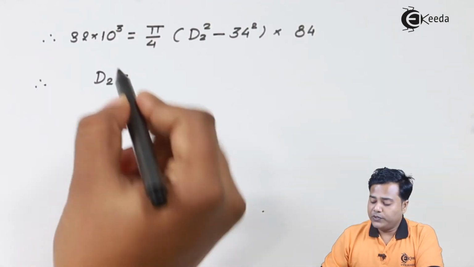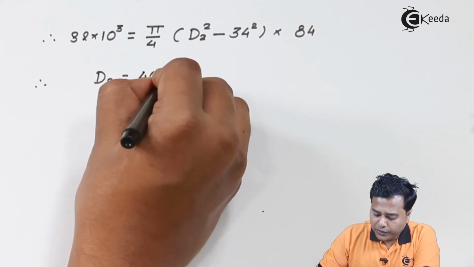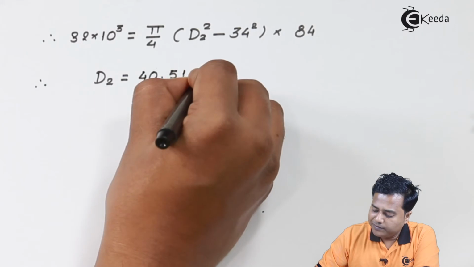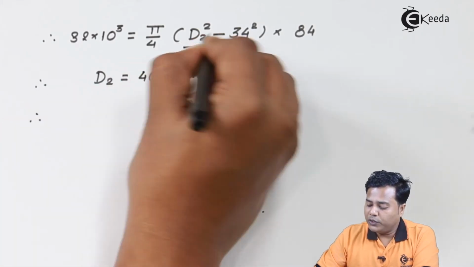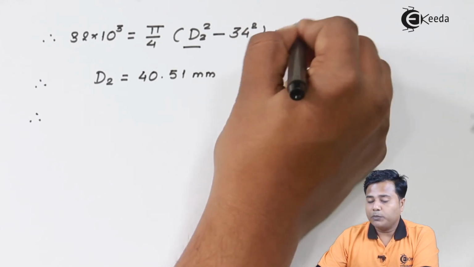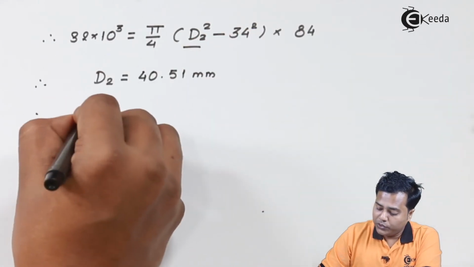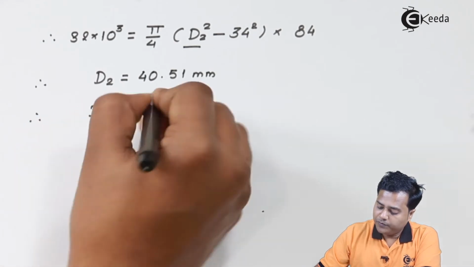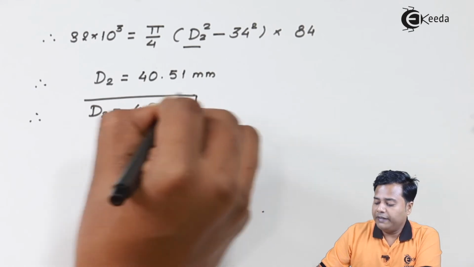As we solve this relation, we get the value of d2 somewhere equal to 40.51 millimeter. Let's round it up to the next value, because the value of d2 is inversely proportional to the shear strength, and that's why we can take the higher value. So d2 comes out to be 42 millimeter. That is the finding we have.